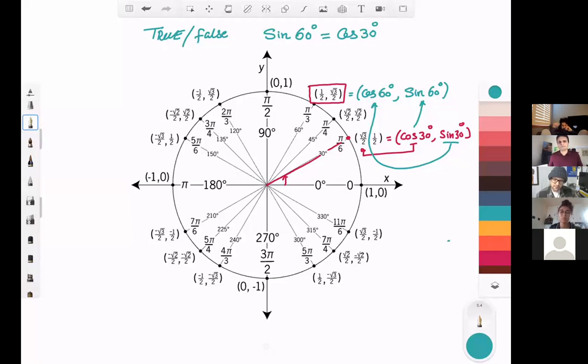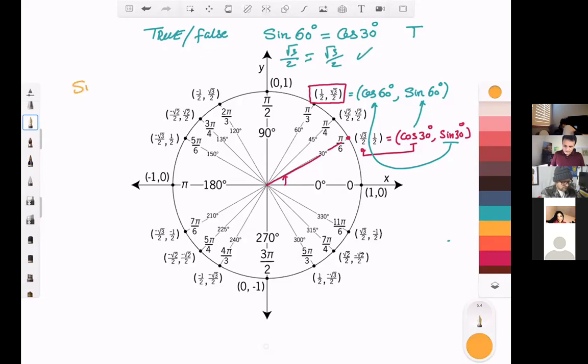True or false? True. Thanks, Corinne. This is true. How do we know it? We can just look at the table, or the unit circle. Sine of 60 is radical 3 over 2, and cosine of 30 is radical 3 over 2. They're equal, so this is true.